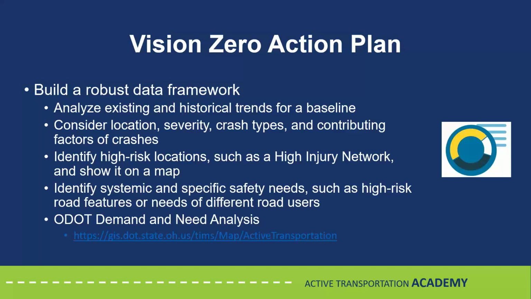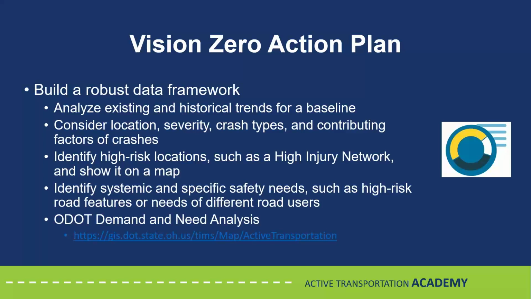So really looking at the data and thinking about the data is incredibly helpful, and identifies locations where investments in safety are most urgent and are going to be most productive. Conduct a systemic analysis that tells you where crashes may happen based on similar corridor types, land use, and latent demand.